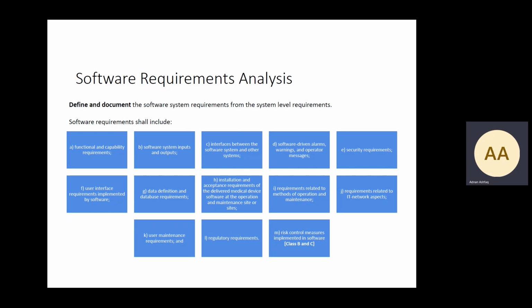You have to have your functional and capability requirements, your software system inputs and outputs, the interfaces between the software system and other systems, software-driven alarms, warnings, and operator messages, any security requirements, any user interface requirements implemented by the software, any data definition and database requirements, installation and acceptance requirements of the delivered medical device software at the operation and maintenance site or sites, requirements related to methods of operation and maintenance, requirements related to IT network aspects, user maintenance requirements, and regulatory requirements.